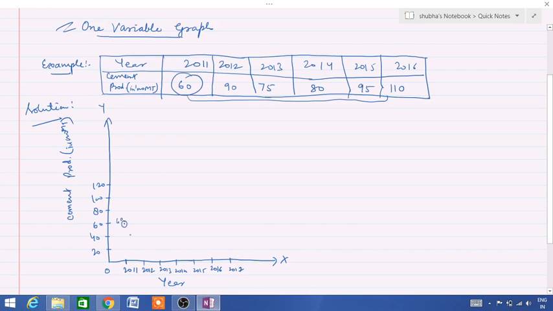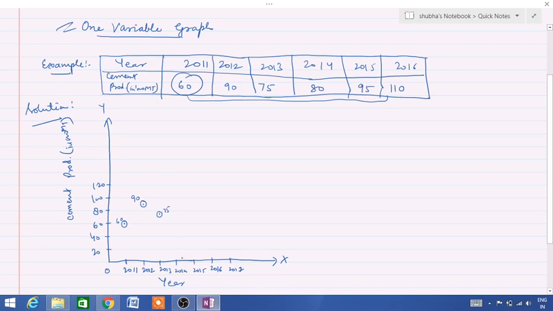It is 60. 2012 it is 90. 90 is in between the 80 and 100. In 2012 it is 90, I'll write here 90. 2013, 75. 75 will be somewhere between 60 to 80, right? I'll make here 75.